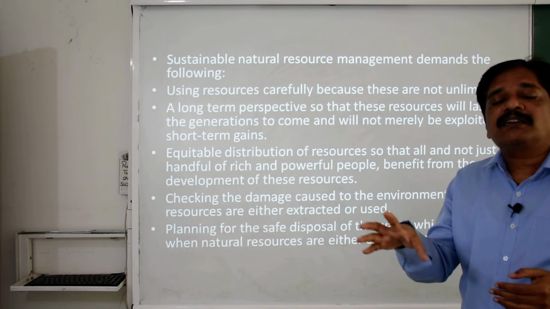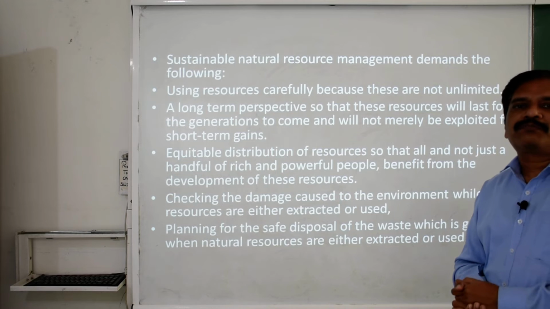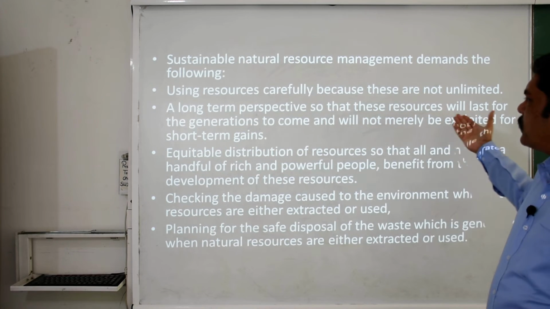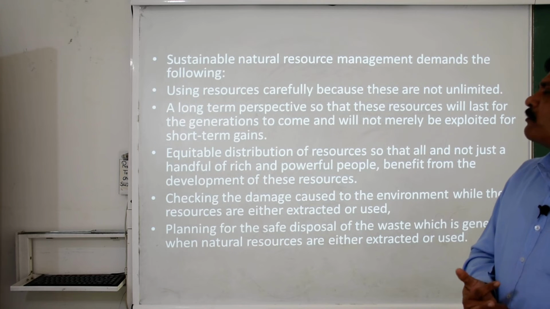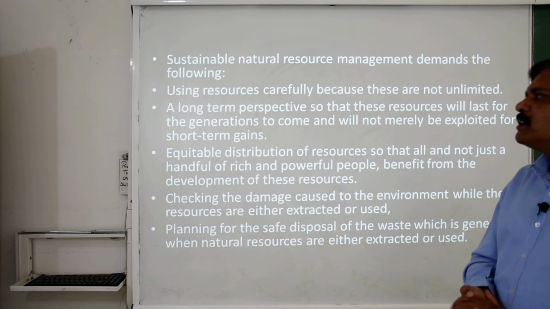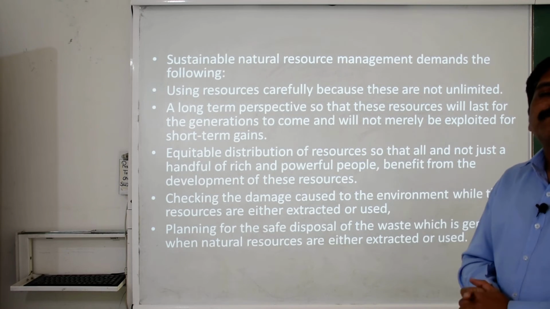They have a certain limit. If we use them beyond this level, surely they will be destroyed. Then a long term perspective, so that these resources will last for generations to come and will not merely be exploited for short term gains. Just think about their long term use.